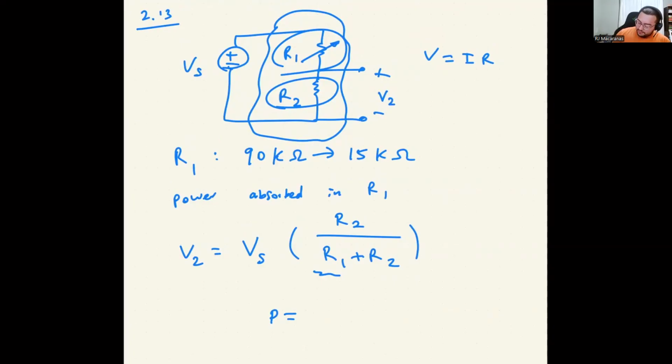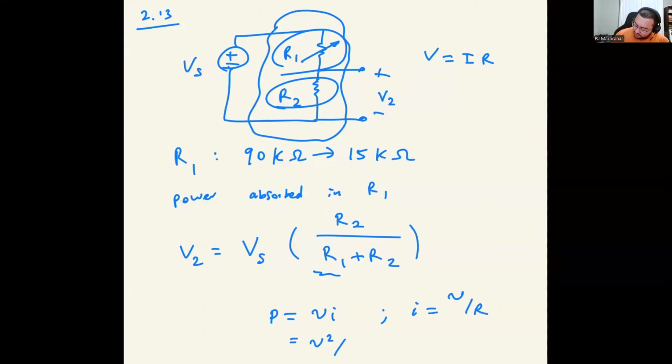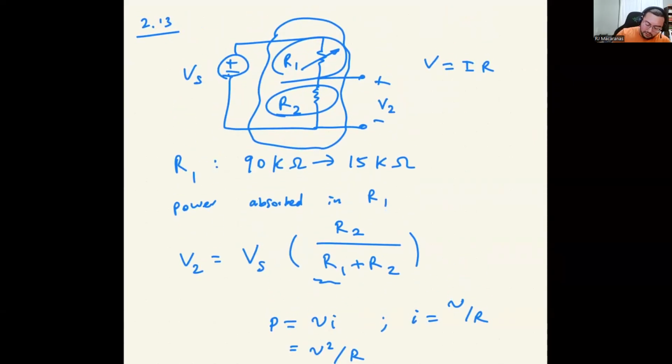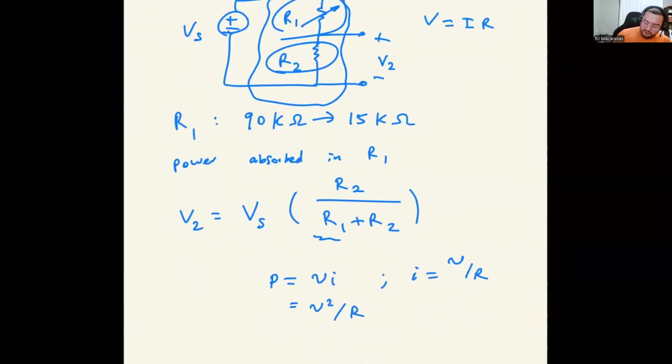P is V times I, and by Ohm's law I is V over R, so P is also V squared over R. Since we have that equation for the voltage, we can solve for the power and see how it changes with that top resistance.